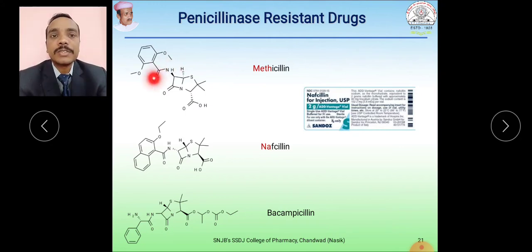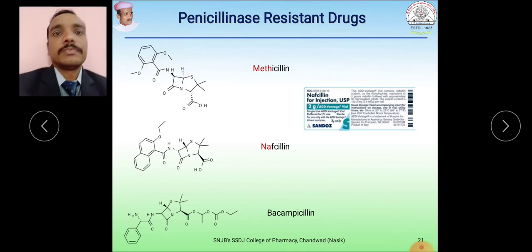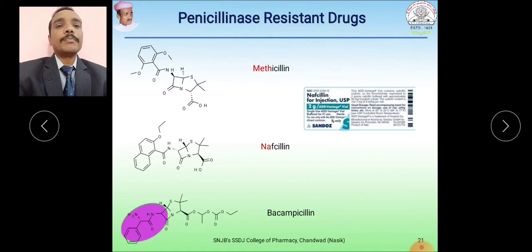Here NHCO and R. You can see the R is now changed; before it was CH2 and a phenyl ring. Now NHCOR adds directly to the phenyl ring, and that is substituted with OCH3, so that indicates methicillin.